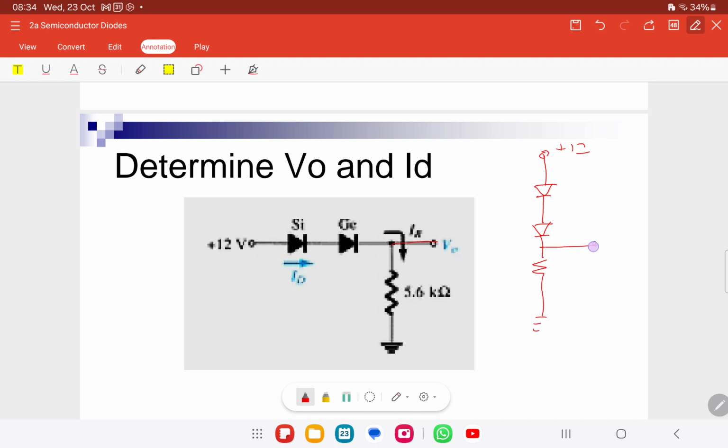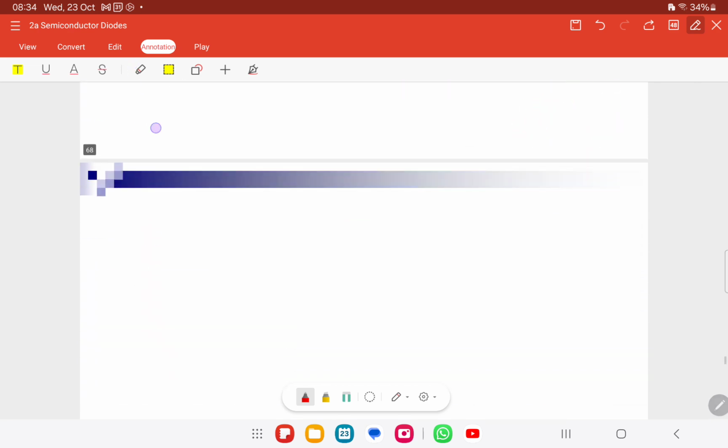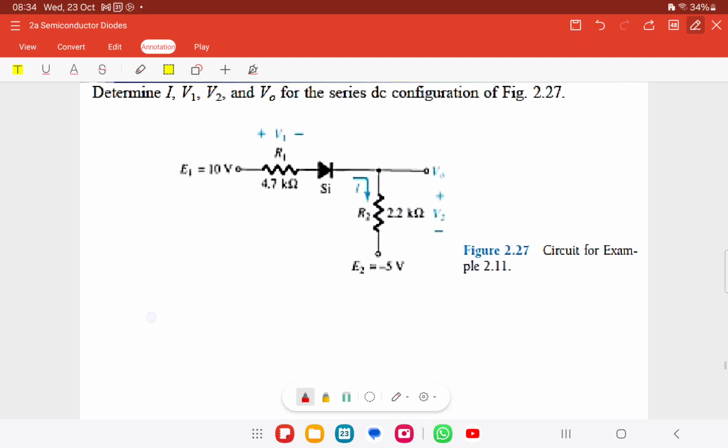So V out is here. Meaning V out is at this respective point. Find I, V out equals I R2. There is one more, and it is different from this one.